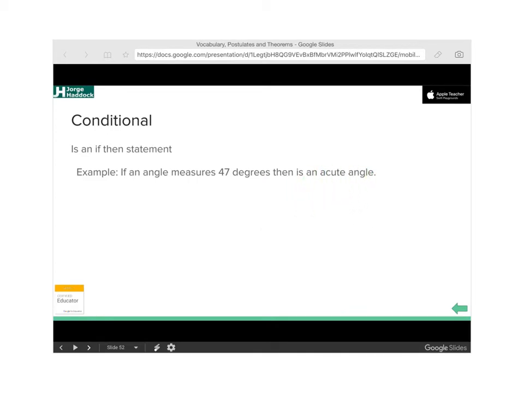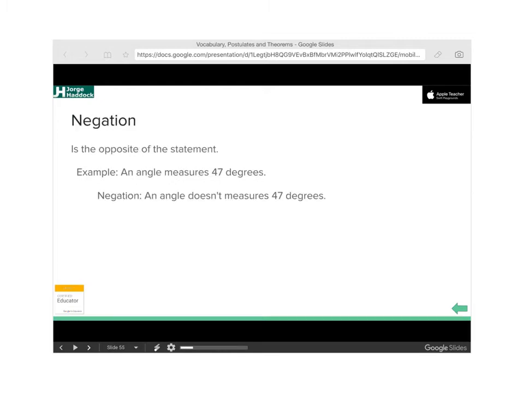So definitions: hypothesis, conclusion, negation. This is important before we go.